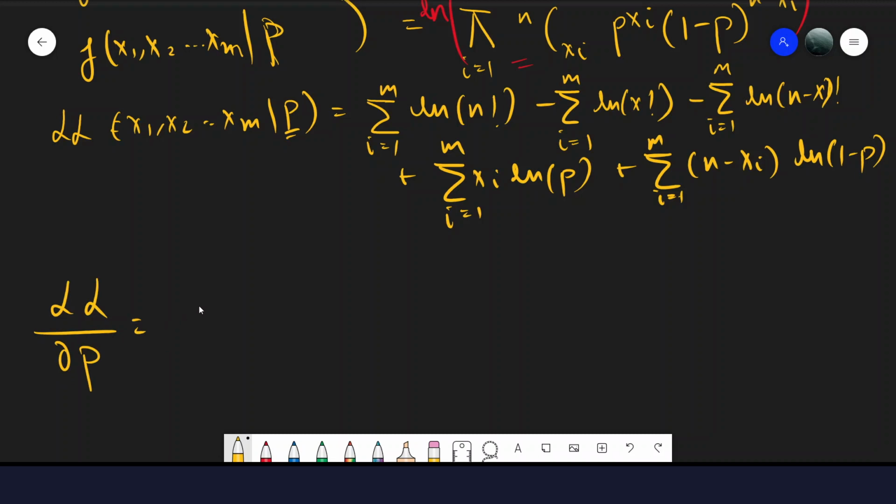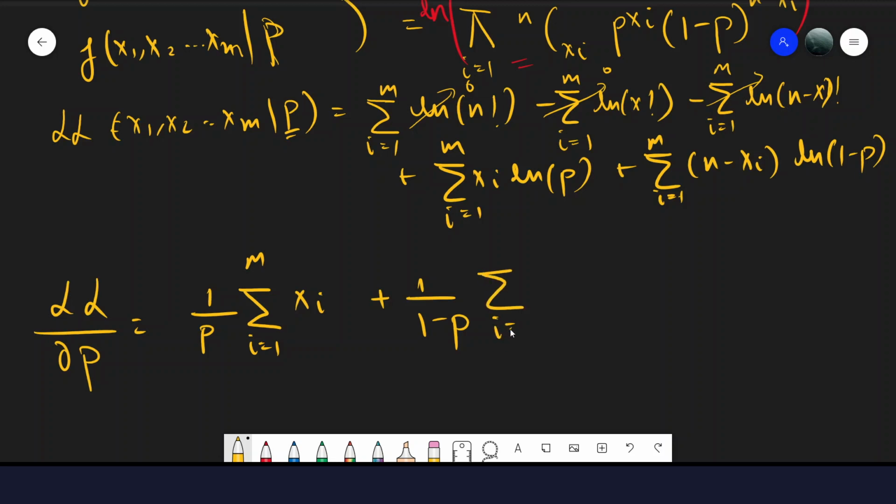If I do that, what I get is 1 by p. I'm just doing this over here in my head. So the xi terms, all of this doesn't have any p in it. So when you differentiate with respect to p, this just cancels off to 0, right? And you would get 1 by p sigma xi plus 1 by (1 minus p) into sigma i equals 1 to m (N minus xi).